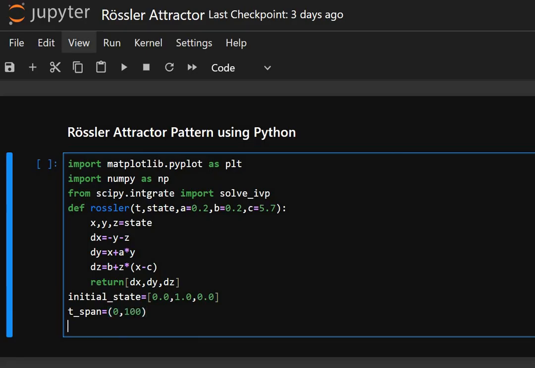So here the time interval is time which ranges from 0 to 100.